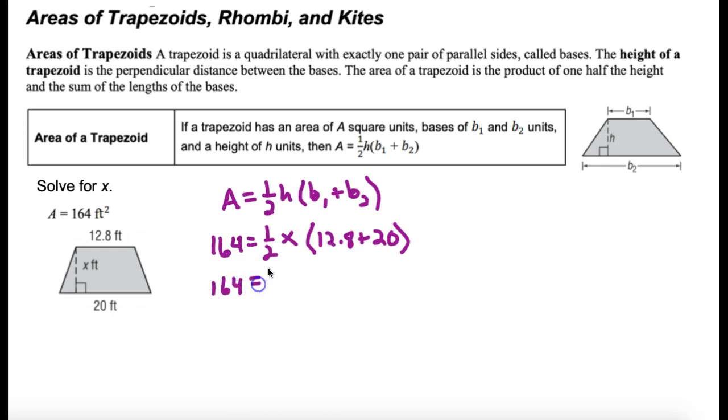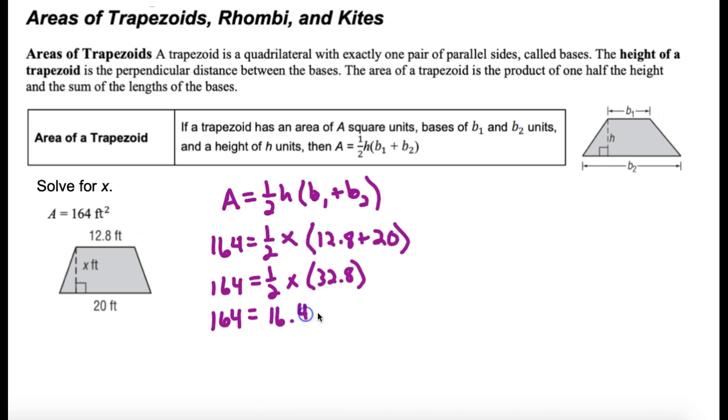So 164 equals 1/2 x. That'll be 32.8. And now I can multiply that by 1/2. 1/2 times 32.8 would be 16.4.